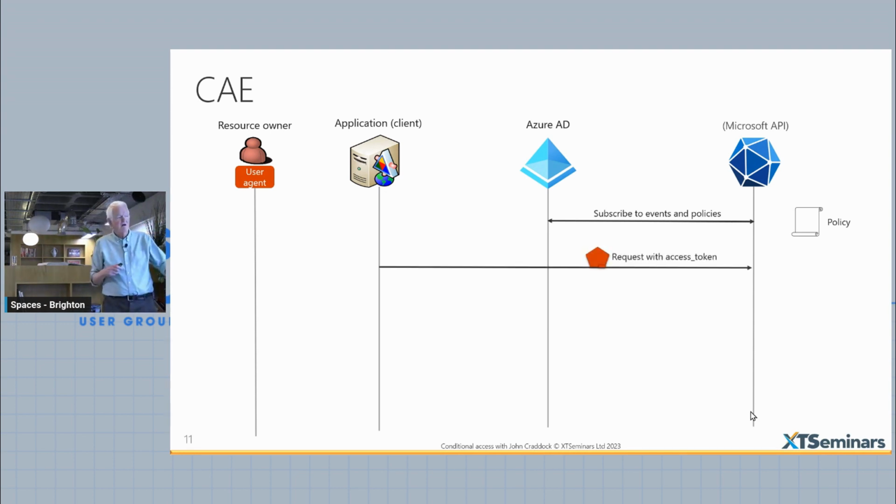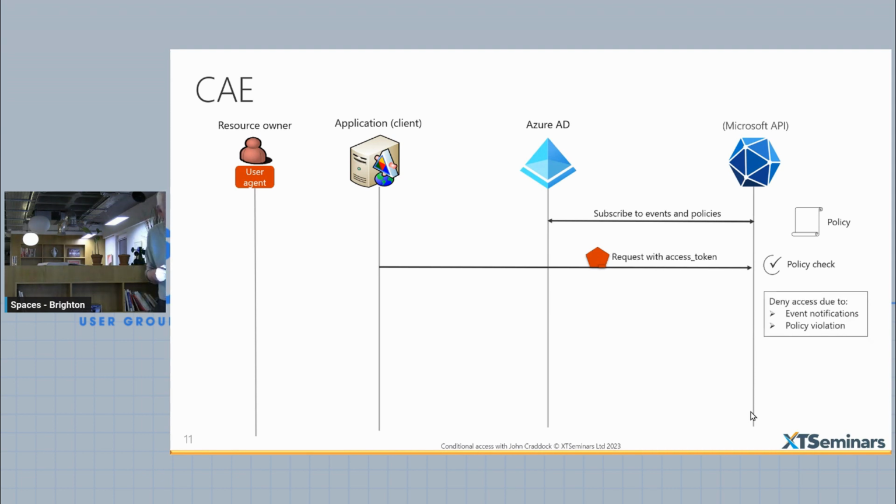So our application does a request using the access token, and the API says, okay, let's do a policy check. Is this request coming from a different network address? That's a policy violation, all right?